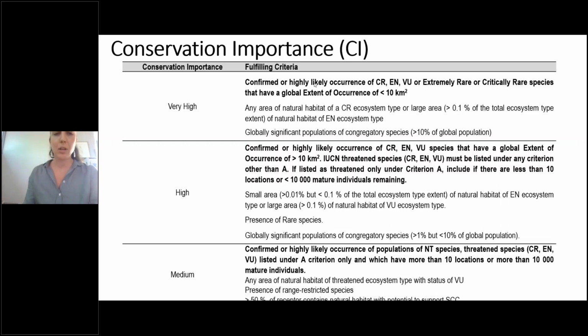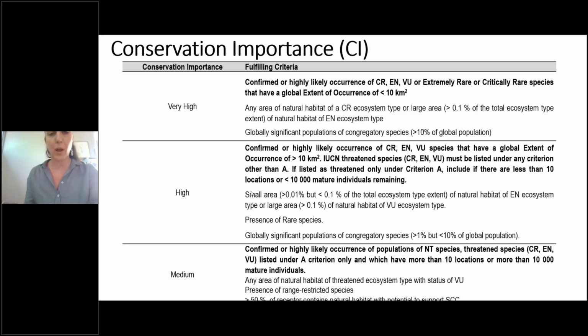So for example, do you have a confirmed occurrence of a critically endangered, vulnerable, extremely rare, critically rare species that has a tiny extent of occurrence of less than 10 square kilometers? Okay, or is there any area of critically endangered ecosystem? Are there globally significant populations of congregatory species? So those are the things that qualify as very high.